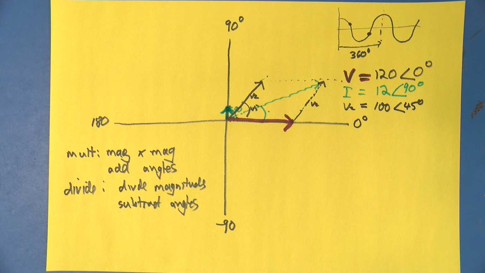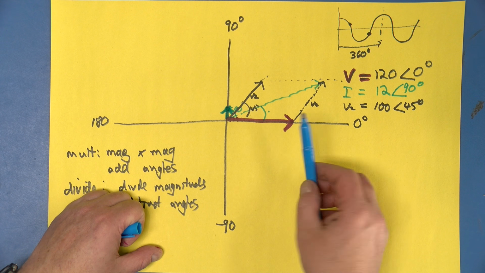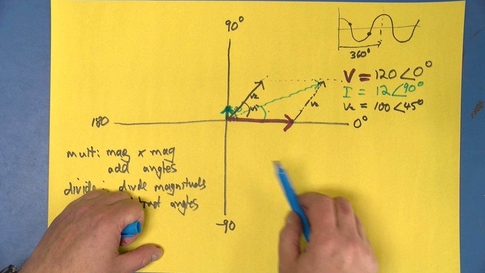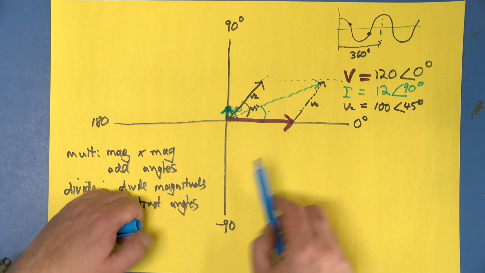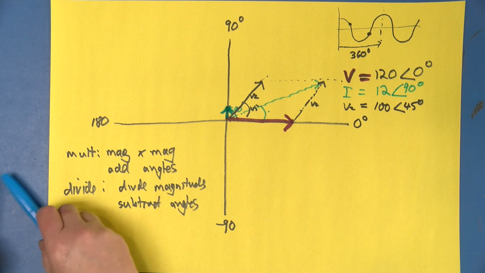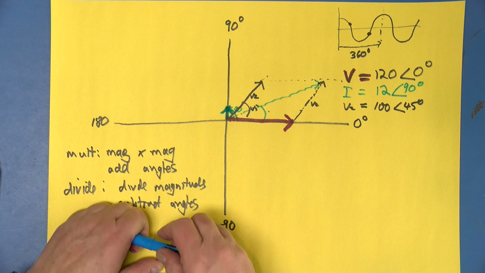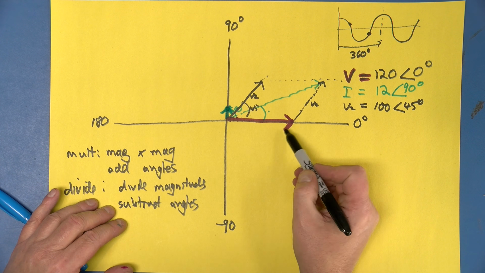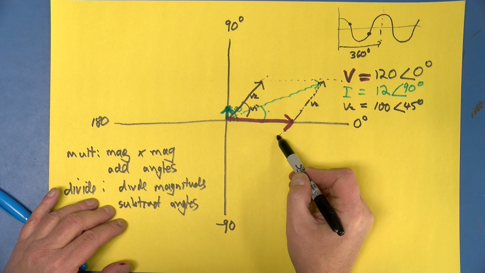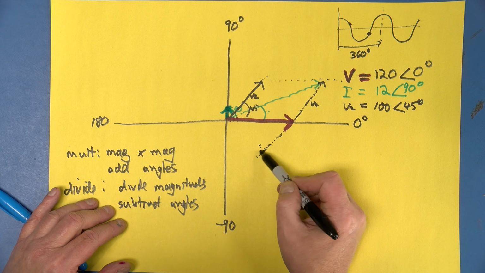And if we were going to do subtraction, well, we just reverse the direction of the arrow we're subtracting. So if we want to subtract V2 from V1, we'll take V2 and reverse it. So now its arrow is on the other end. And once again, we'll draw something like that.